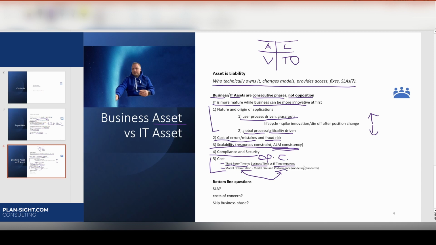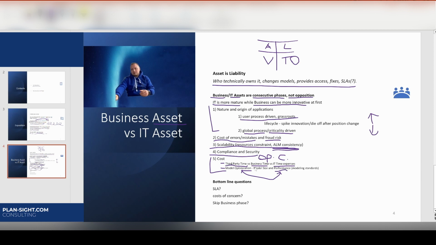Bringing it back to the original point, if you have any issues with the size and you still have it as a business asset, maybe start thinking about having it as an IT asset. Talking about the resource costs, very often you want to get away from the third party because in the Anaplan world, usually in the project phase, that's the biggest part of your costs.